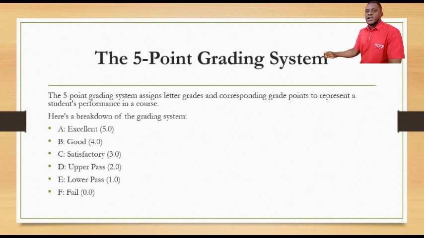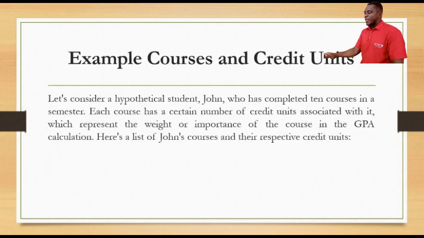Of course, the grade that is not desirable at all is if your points fall between 1 and 39, then you would have scored an F, which means you have failed the course. All right, so this is what that is about.